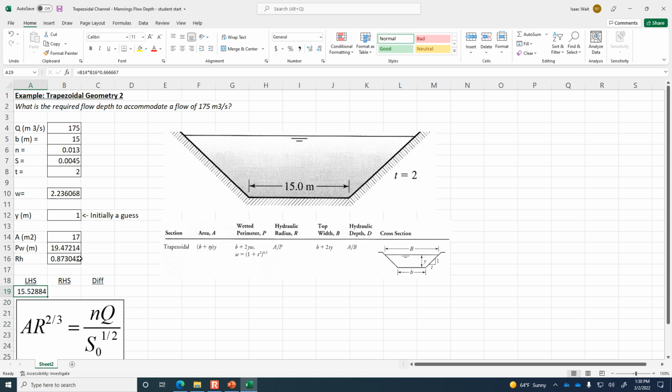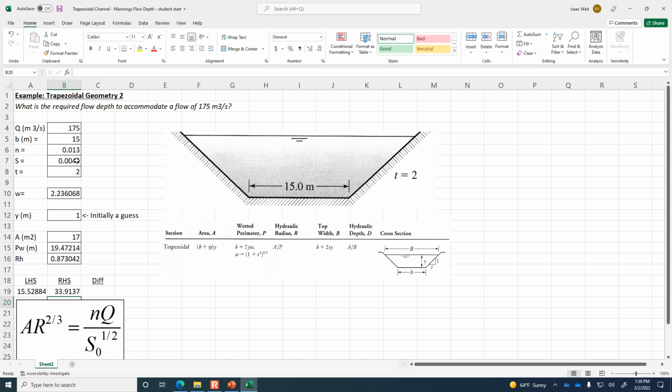So this is the left-hand side of the equation if the y value is 1. The right-hand side of the equation isn't going to vary based on y. It's just n times q divided by the slope to the 1/2 power.